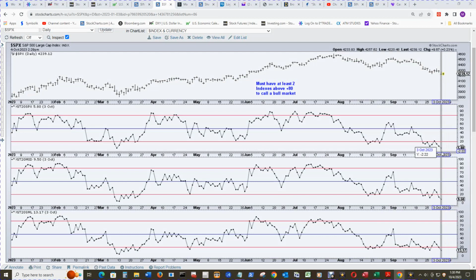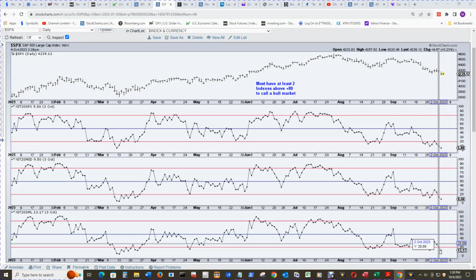So here's the data for October 3rd in the 20 simple moving average, large cap here on top, mid cap in the middle, small cap on the bottom. And they follow the converse rules of the bull market.